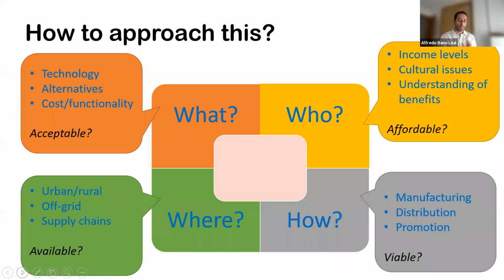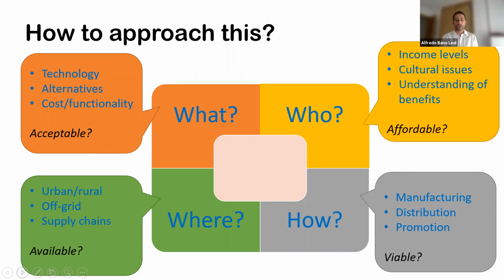Finally, I want to share a little bit about the experience with the cooking stove program in Cambodia. It lasted almost 20 years. Large development organizations were involved, including the World Bank, the French Development Agency, and NGOs like GERES, which were the ones leading this work.